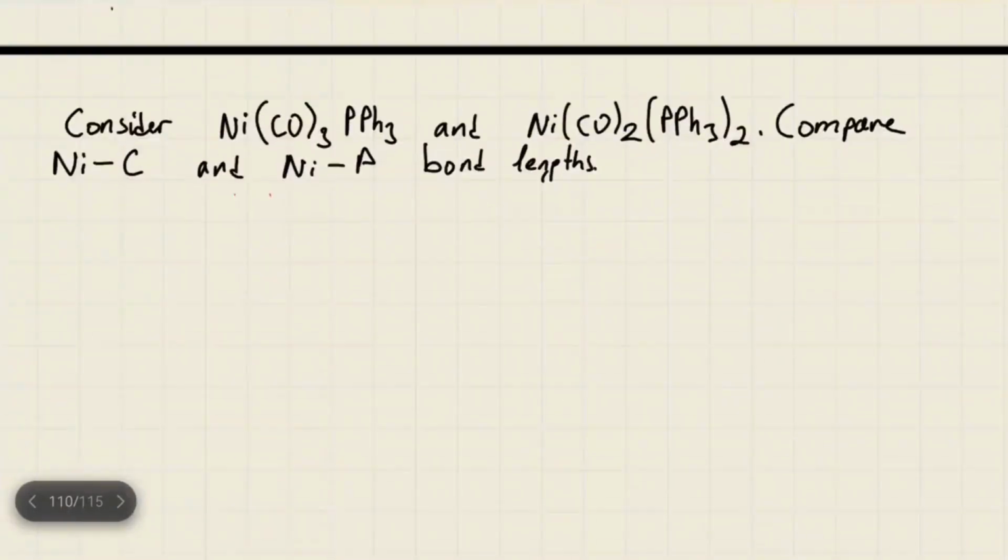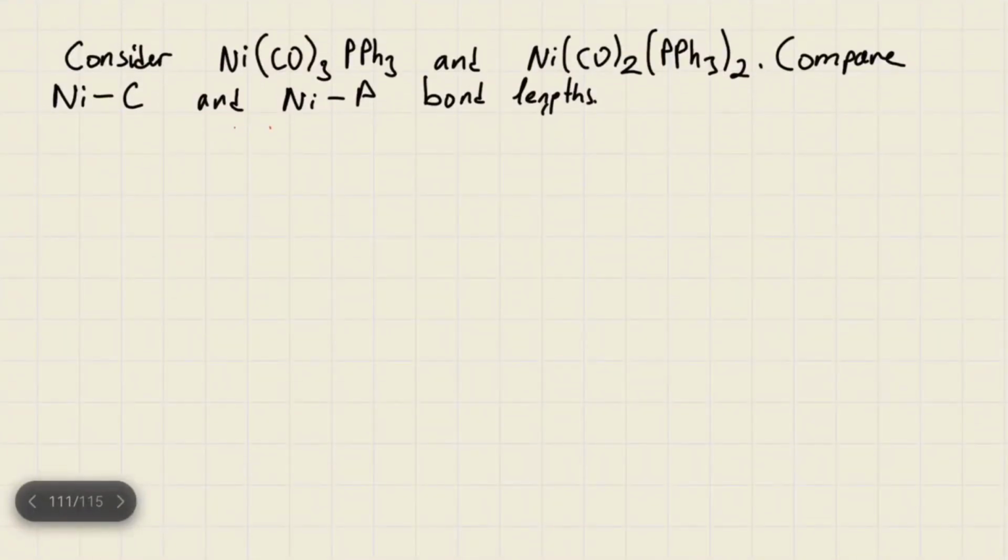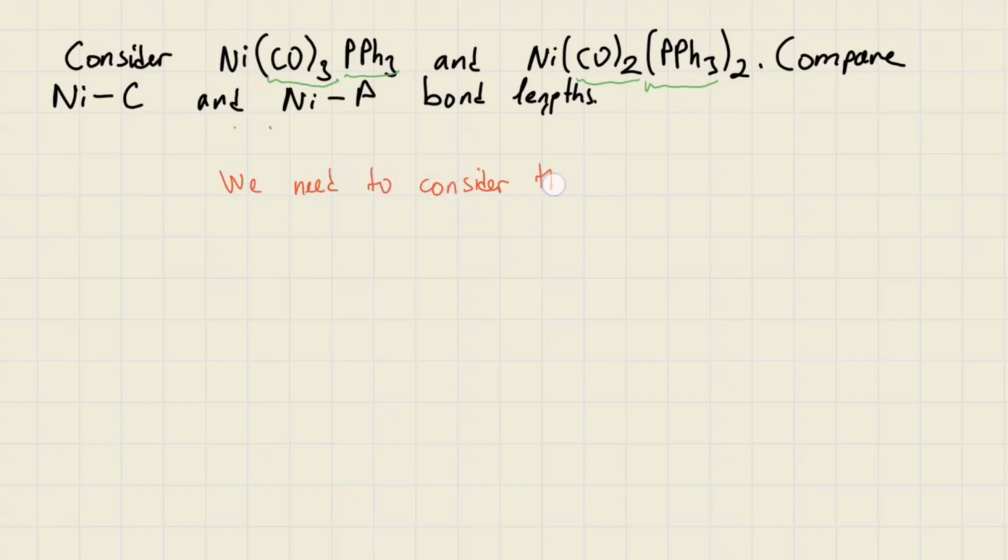And I want to make another example. Consider these two complexes. The only difference between them is the number of ligands, and compare the nickel carbon and nickel phosphorus bond lengths. So we need to consider the ligands.